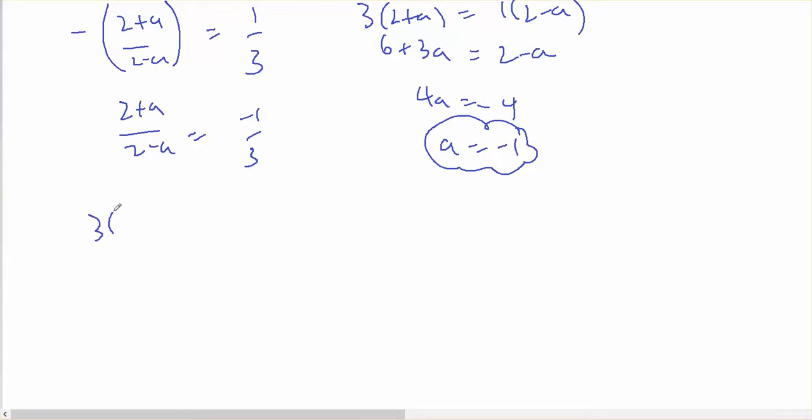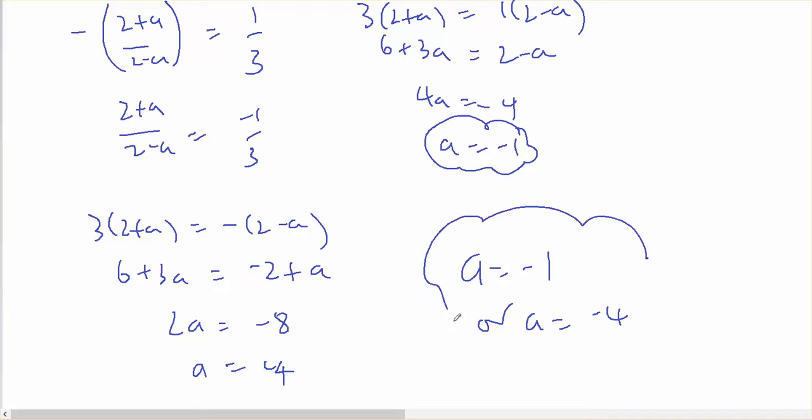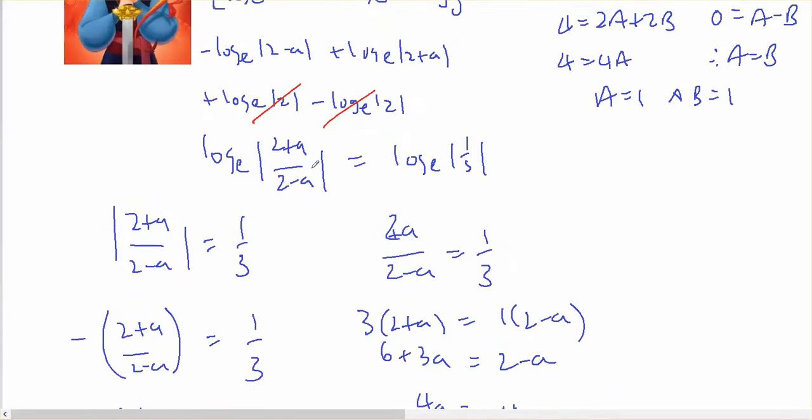Which means 3 times 2 plus a equals negative 2 minus a, 6 plus 3a equals negative 2 plus a, which means 2a equals negative 8, and a equals negative 4. So a equals negative 1 or a equals negative 4 are my two solutions, because I have the modulus in here equaling 1/3.